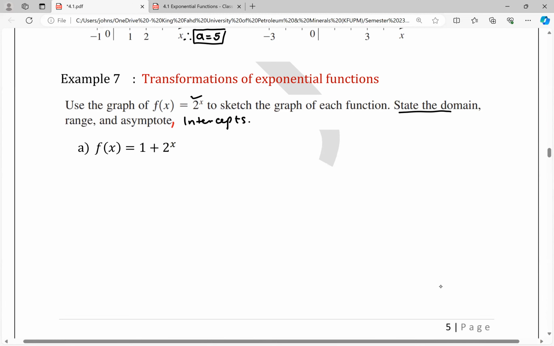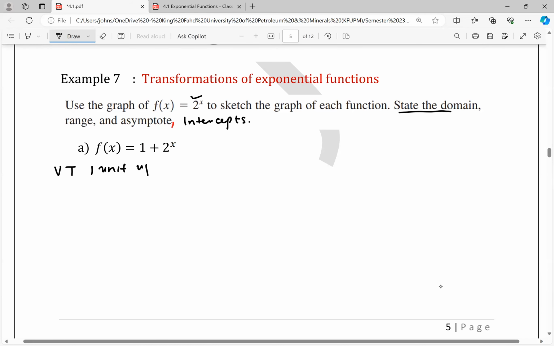So for this one, we can get this actually from the graph of 2 to the power x. So all we need to do is just a vertical translation of 1 unit upward, right? So this is all that is required.